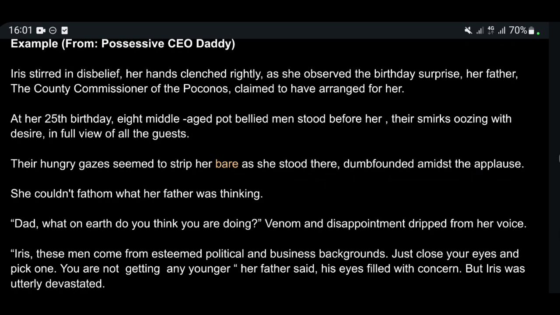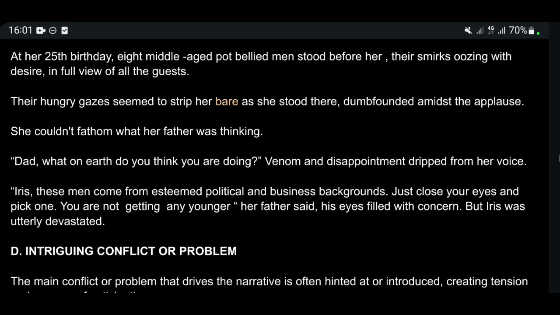Their hungry gazes seemed to strip her bare as she stood there dumbfounded amidst the applause. She couldn't fathom what her father was thinking. Dad, what on earth do you think you are doing? Venom and disappointment dripped from her voice. Iris, these men come from esteemed political and business backgrounds. Just close your eyes and pick one. You are not getting any younger, her father said, his eyes filled with concern, but Iris was utterly devastated.